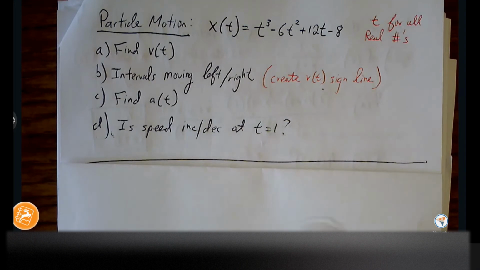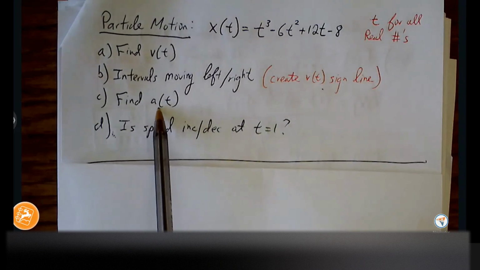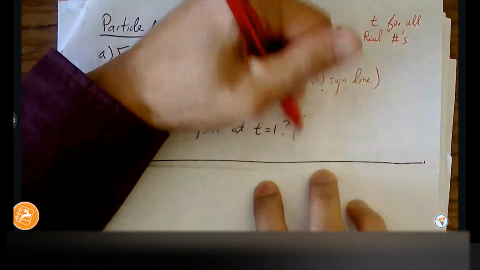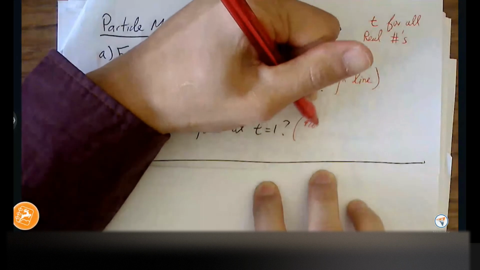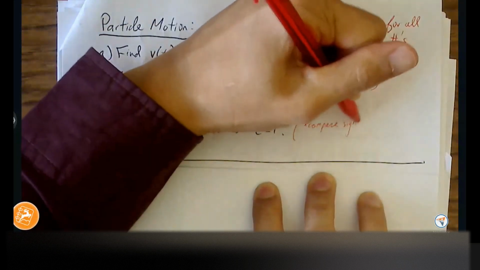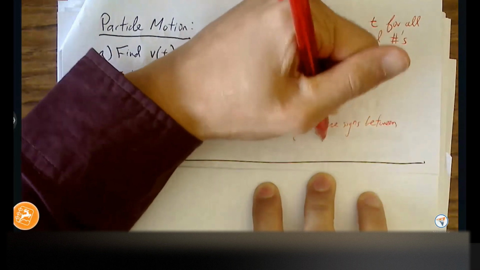Positive means moving right, negative means moving left. Next up, we're going to find acceleration, which is really the second derivative. And then part D is, is the speed increasing or decreasing at t equals 1. What we're going to do here is compare signs between velocity and acceleration.